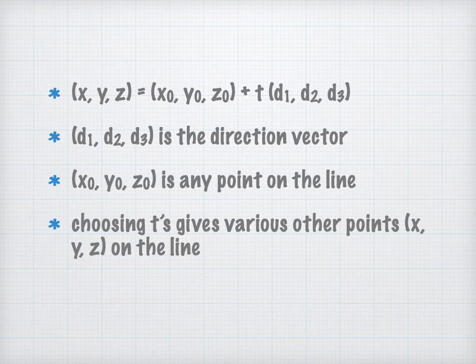So this is your y equals mx plus b kind of thing, except that you have x, y, and z instead of just y, and your b is in 3 dimensions, x0, y0, z0, and your slope is actually 3-dimensional also, d1, d2, d3, and your x from y equals mx plus b is actually the t. So the t tells you how far you're going along that slope. The d1, d2, d3, the direction vector, that's a slope, effectively.